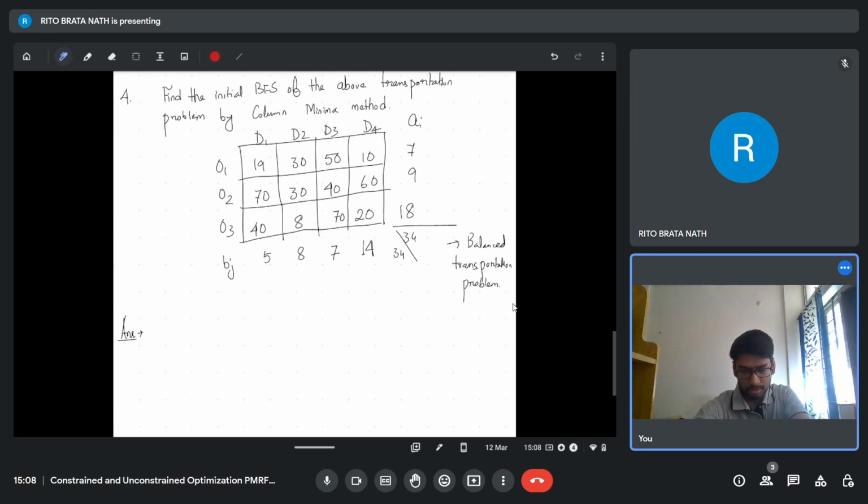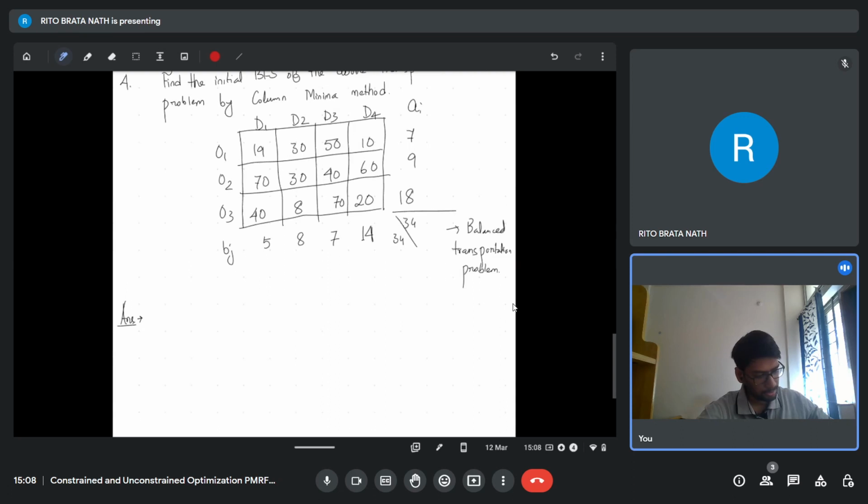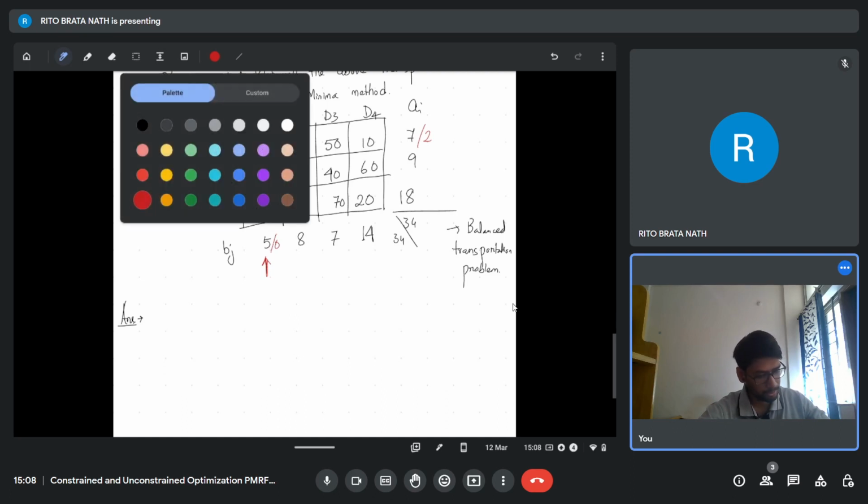So this is the column that you have to pick. So the first column, the minimum one is 19, and you have to pick the minimum of 5 and 7. So you can allocate 5 here. This becomes 0, this becomes 2, and you can delete the first column. So let me write down whatever is left.